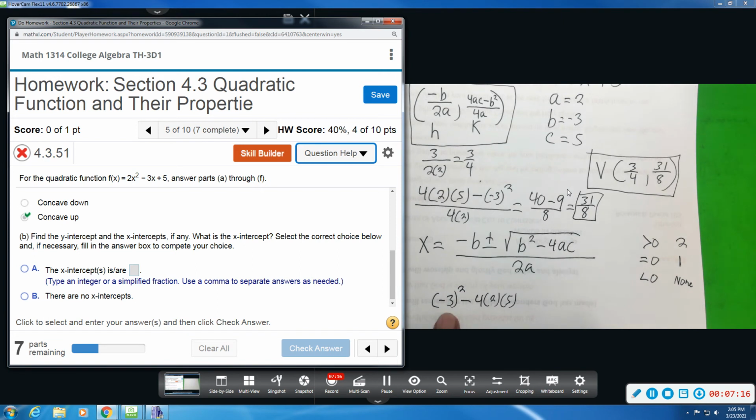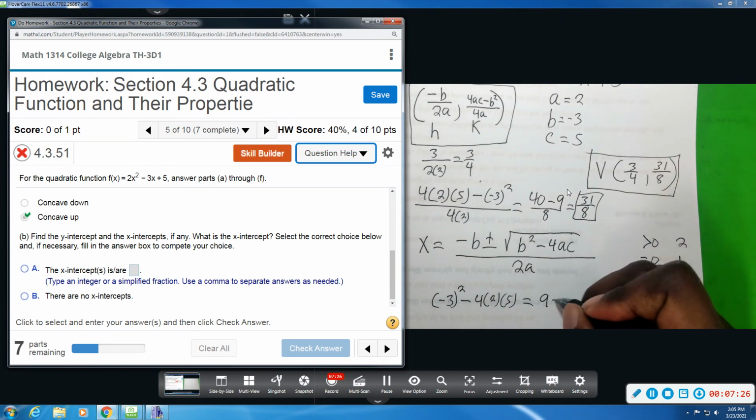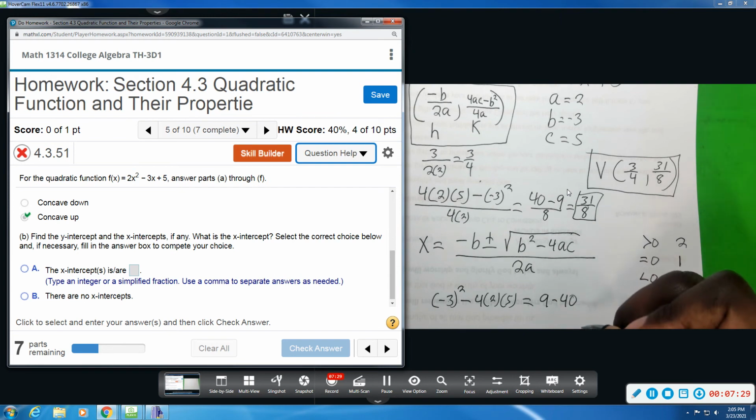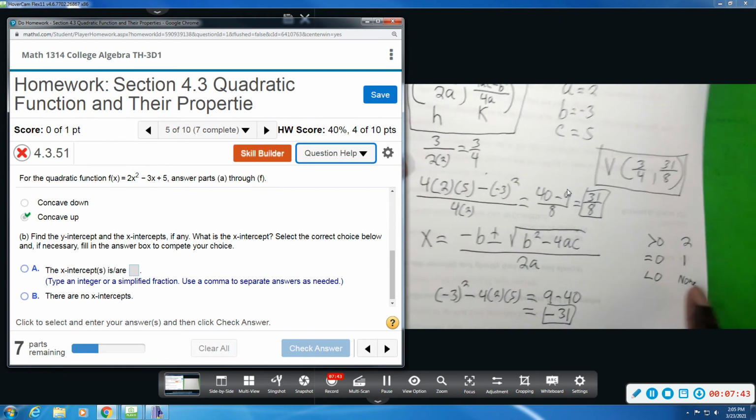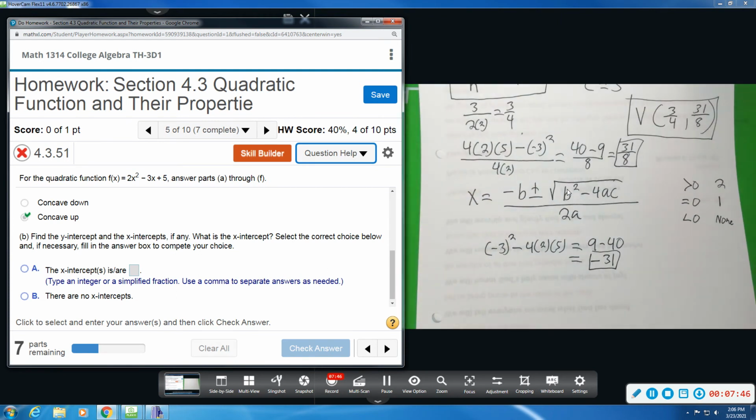Just focus on this part. This gives me 9 minus 40, and 9 minus 40 gives us negative 31. Negative 31 falls into this scenario: less than 0 is negative. We have no x-intercepts. We don't even have to finish the whole quadratic formula. There are none.